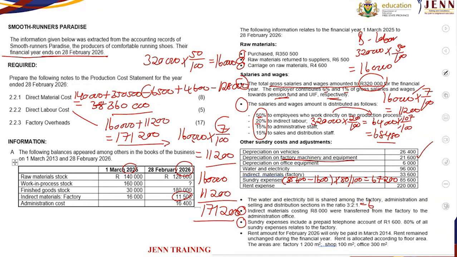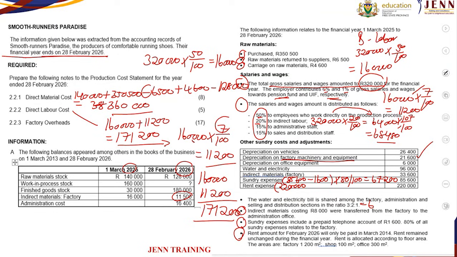And then the last one is rent on our factory overheads. Now the rent amount that we have paid is 220,000. Now the last bullet speaks to rent. It says the rent amount for February 2026 will only be paid in March 2014.